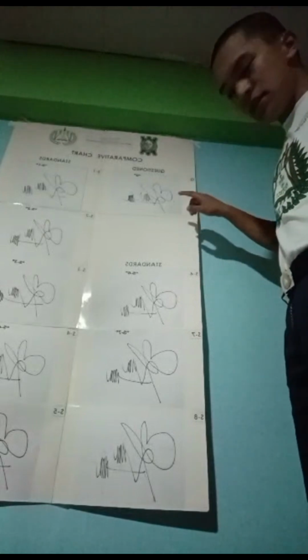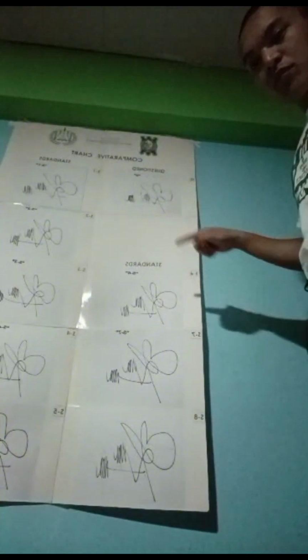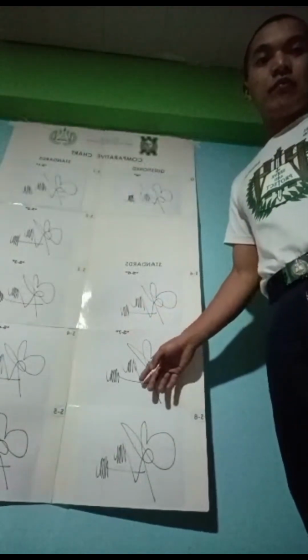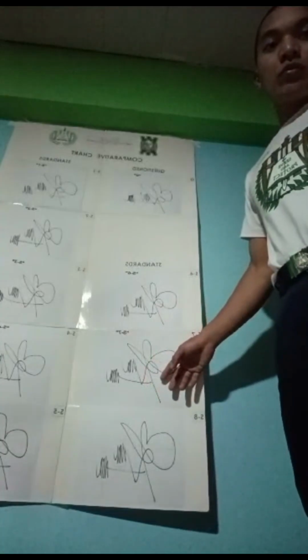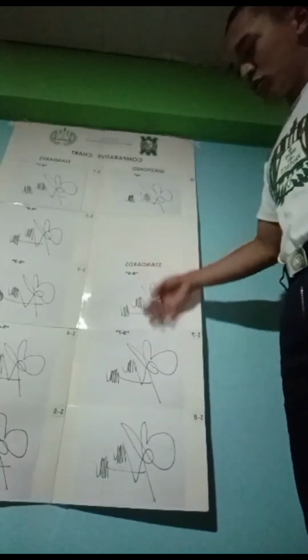The convex is like this, shaped like the letter U. It is the same in standard 7. And in the proportion, standard 6 and 7 are not proportioned. They are both not proportioned.